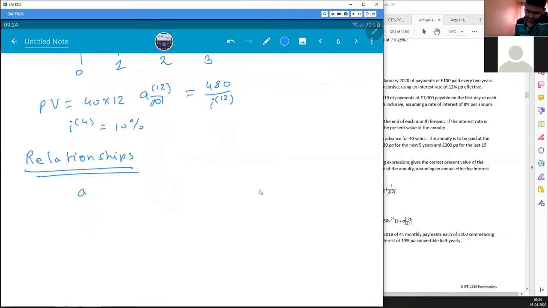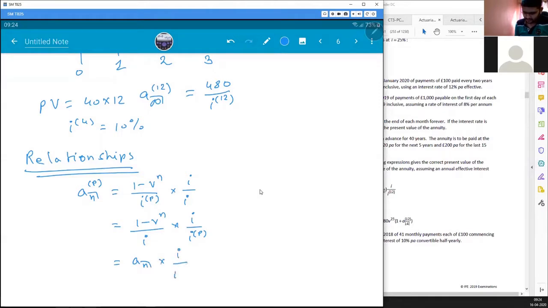So if I have, we just saw this, an annuity payable p times, that would be 1 minus v raised to n upon i-p. And if I multiply by i, I can write this as 1 minus v raised to n upon i into i upon i-p. So this becomes nothing but our a-n into i by i-p.